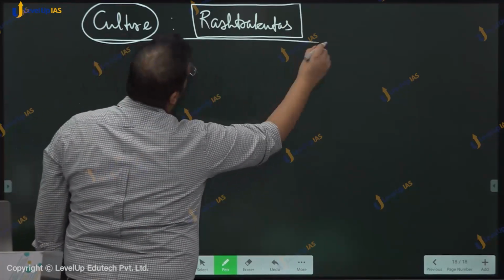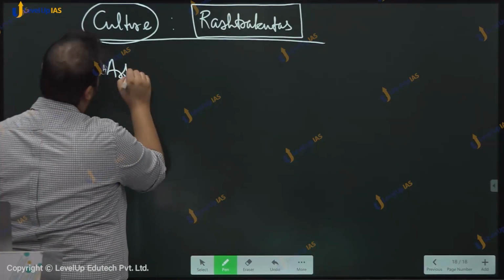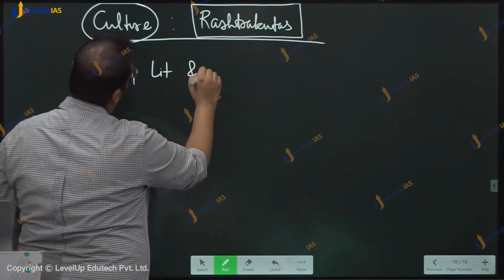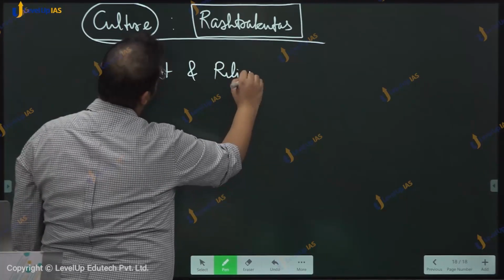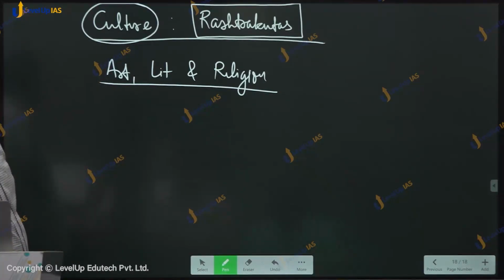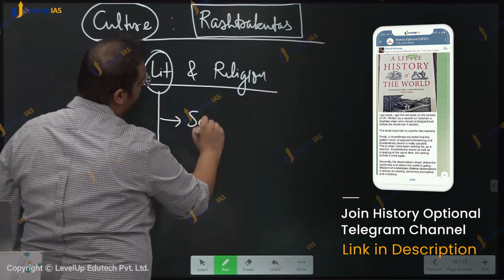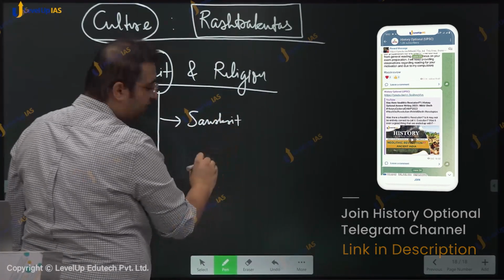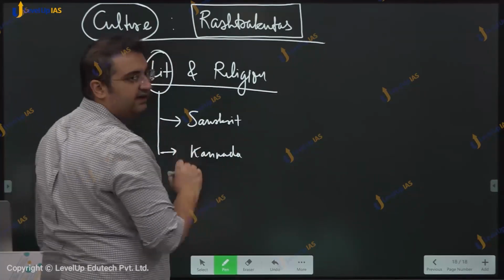तो बताइए, are we familiar with the contribution of Rashtrakutas to the growth of art, literature and religion or not? कुछ पता है, कोई आइडिया है या नहीं है? लिटरेचर अमोघ वर्षा और पंपा पोन्ना रन्ना, राइट? तो लिटरेचर में we see several developments, growth of Sanskrit literature also and growth of Kannada literature also.